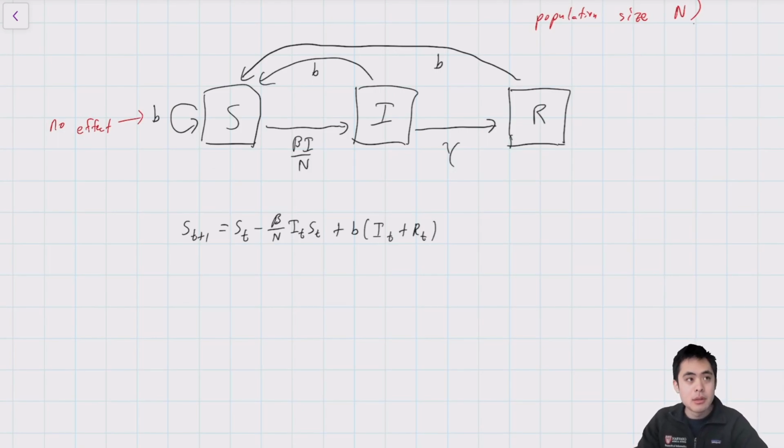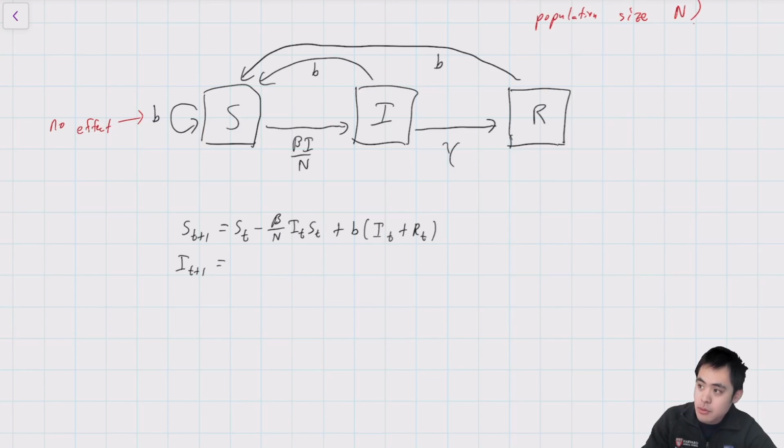And we have our I sub t plus 1, which is going to be equal to I sub t times, and how many people are going to leave the infected category? Well, the probability of leaving the infected category is 1 minus gamma for recovery, or minus b for dying and being reborn. Plus, of course, the people who are introduced, beta over n I sub t s sub t. Those are the newly infected.